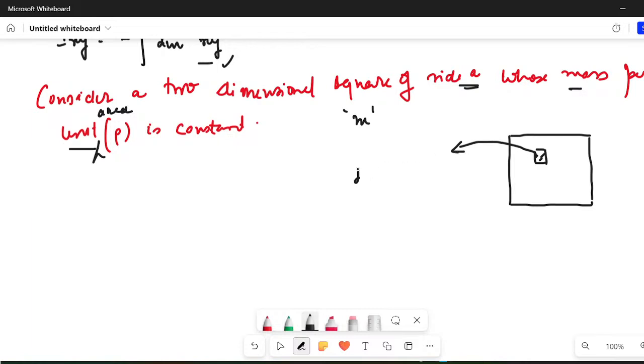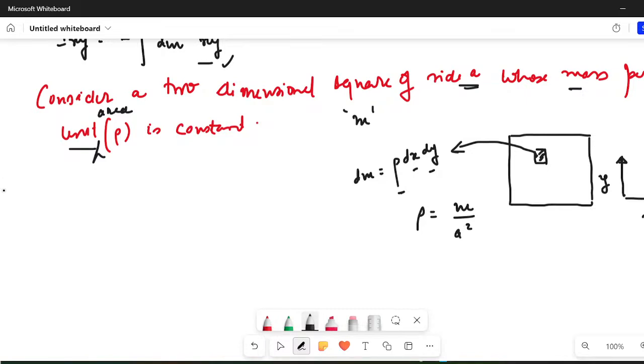This small mass dm would be, in terms of the density rho, rho dx dy. Let us say we are talking in the xy plane only. And what would be rho? Rho would be simply the total mass m divided by a square.